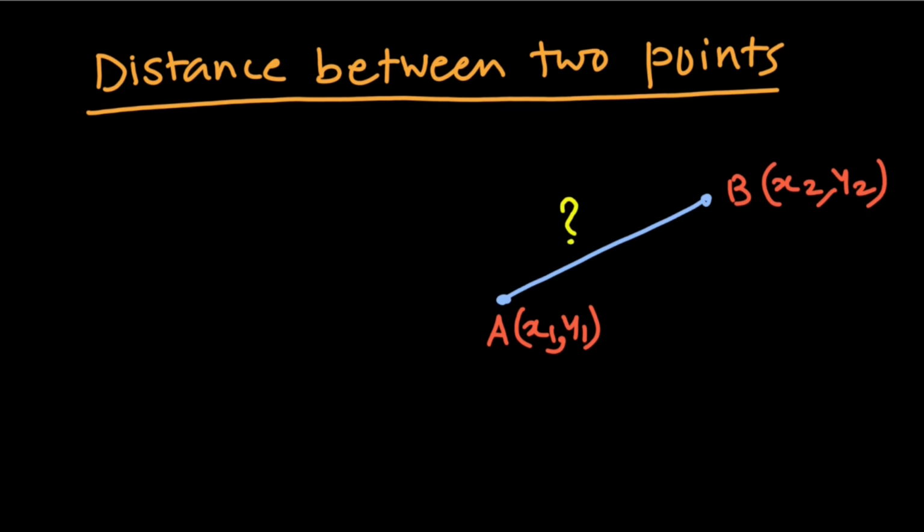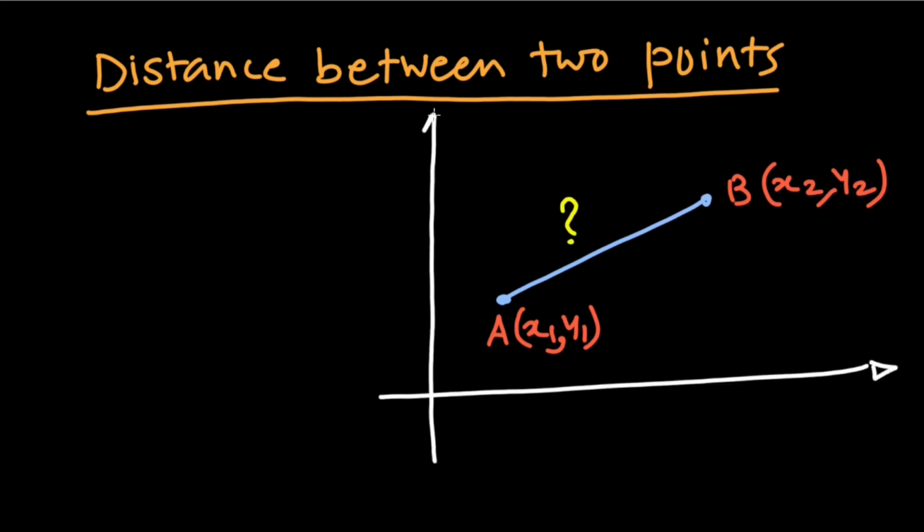So let us draw x-axis and y-axis. This is the origin. Let us draw a perpendicular from point A on the x-axis; it will be x1, and perpendicular from point B on the x-axis will be x2.